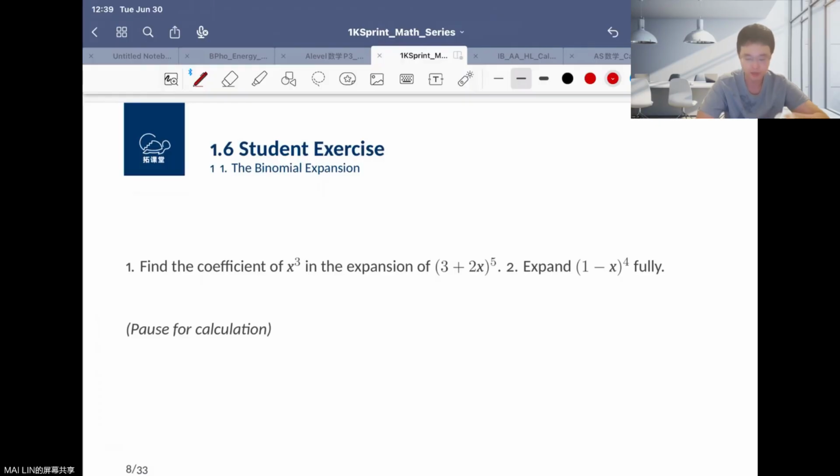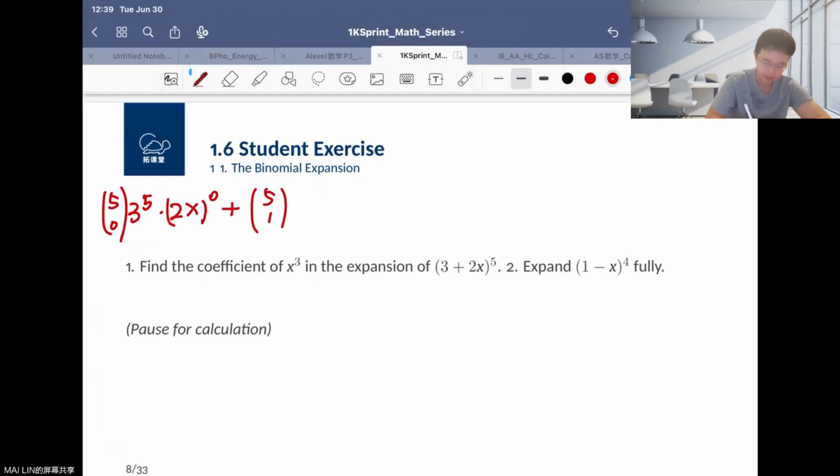Okay, so first we can consider selecting 5 brackets for 3, or you can also say 5C0, where we choose 0 brackets for 2x. So here is 2x to the power of 0. And here we are choosing one bracket for 2x, so 4 for 3. So it's 3 to the power 4 times 2x to the power 1.